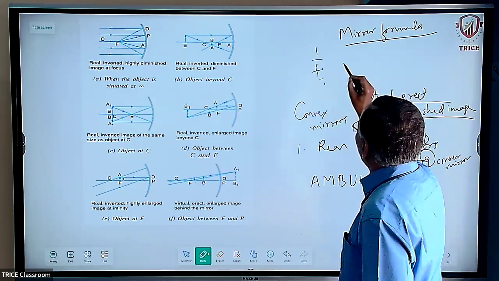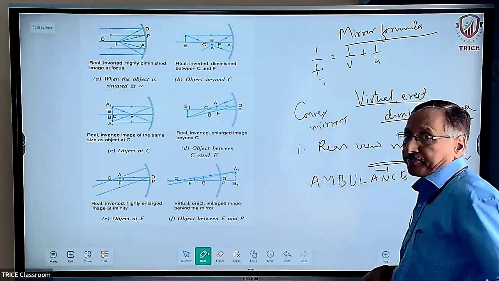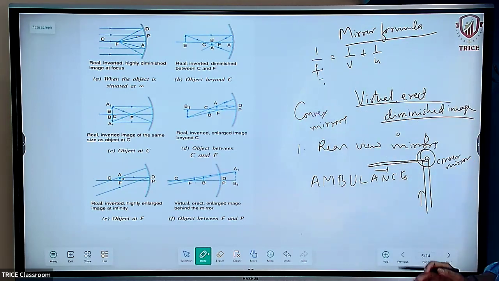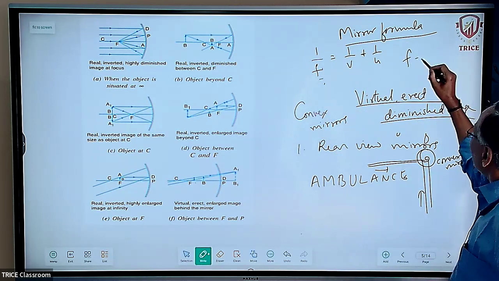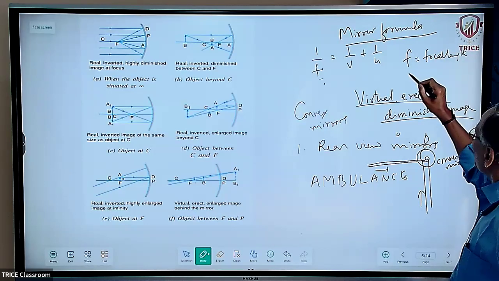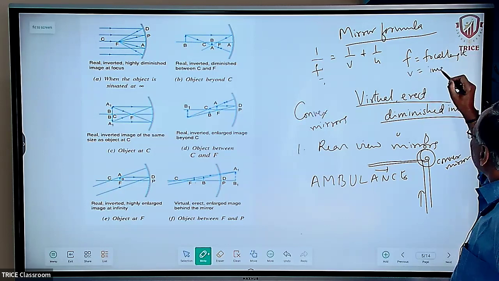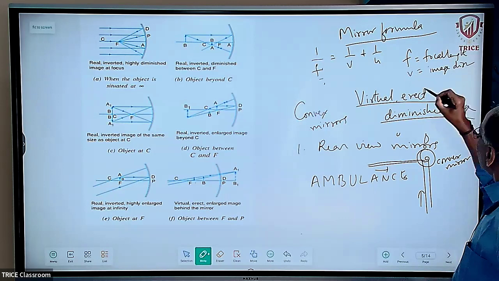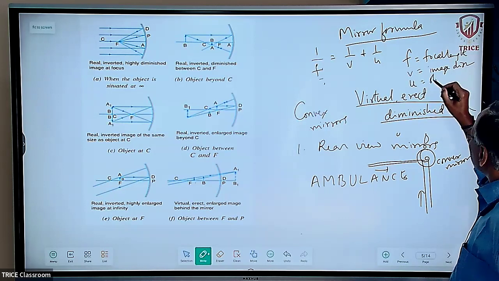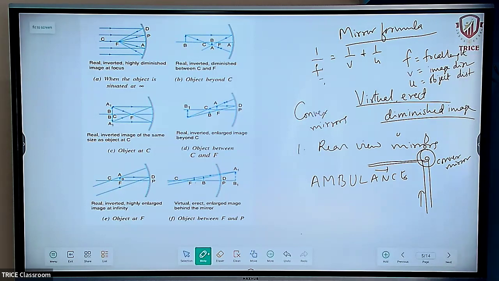It is 1 by F equals 1 by V plus 1 by U. This is called the mirror formula, where F is focal length, V is image distance, and U is object distance.